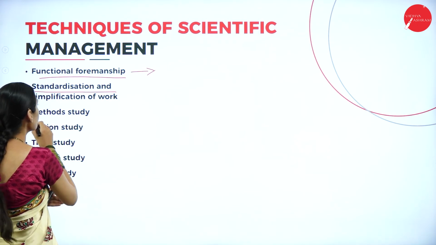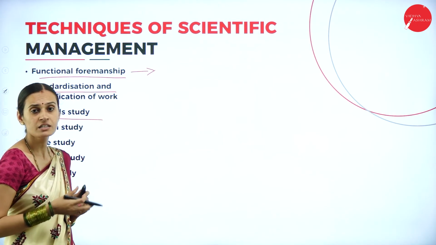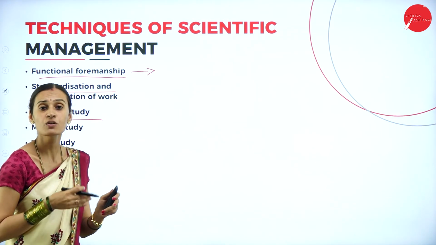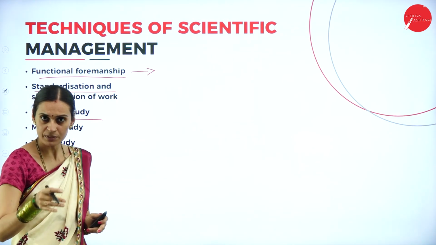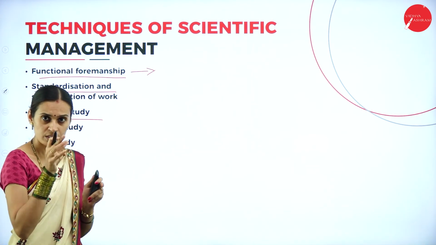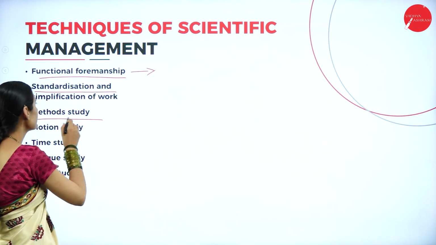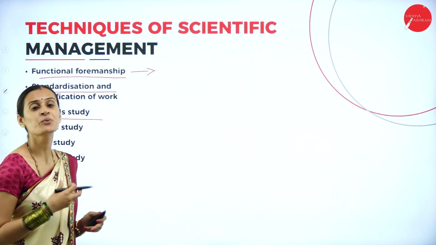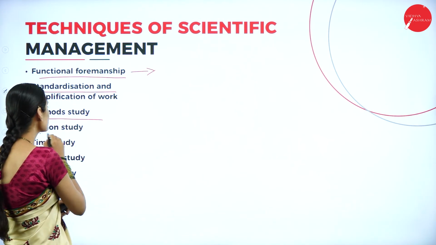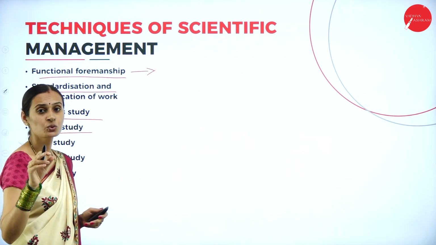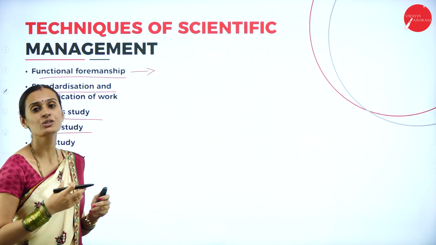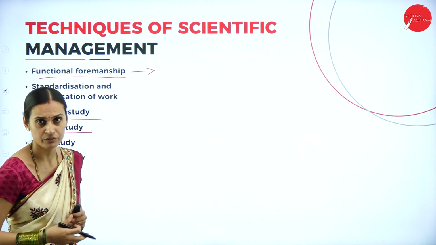The next one is method study, which involves one person being appointed for a particular work instead of doing different work, and he has to do only that work. This helps to improve efficiency. The next one is motion study, which helps to reduce useless motions and useless movement of machines and manpower.